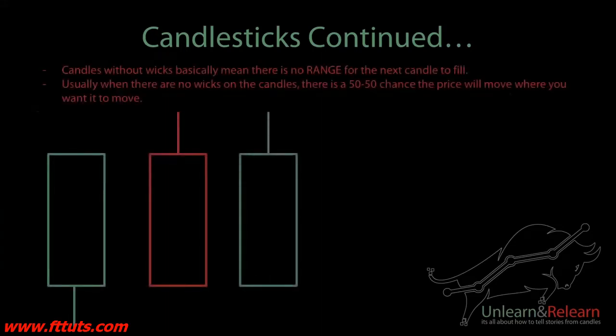Now, in the same way, let's say we talk about a bullish candle that has no wick at the bottom, and it has a wick range at the top. What this means is there's a lot of volume in the candle. Now, when is the time of the day when there's going to be a lot of volume in the candles?